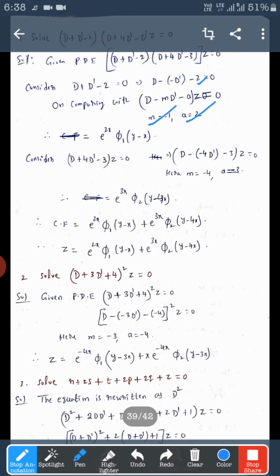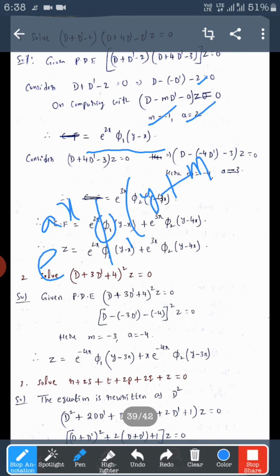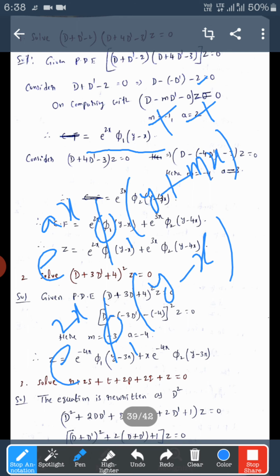Therefore, the complementary function is of the form e^(ax) into some function phi 1 of (y + mx). Therefore, a is equal to 2 and m is equal to -1, giving e^(2x) phi 1(y - x).